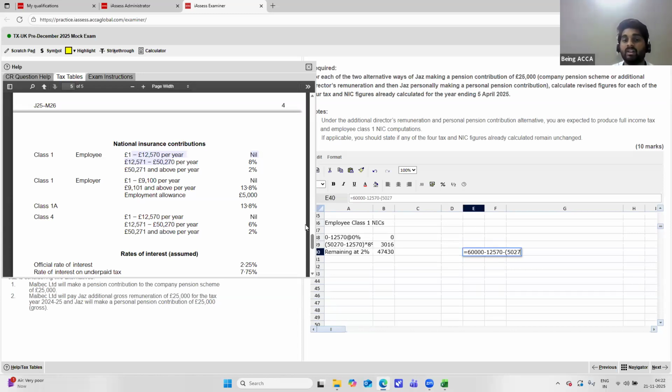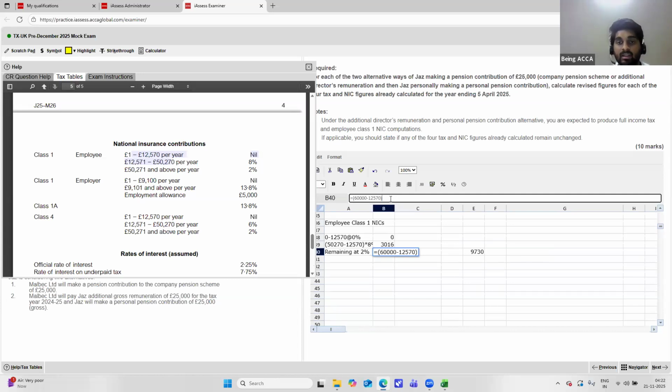It is 50,270 minus 12,570. It will give you a total of 9730. So that should be included as a part of your computation, which will be 9730 into 2%. All right. This can be the calculation that you should do.